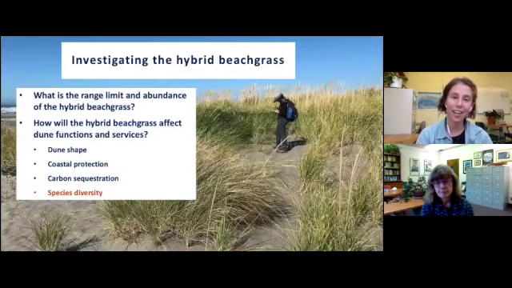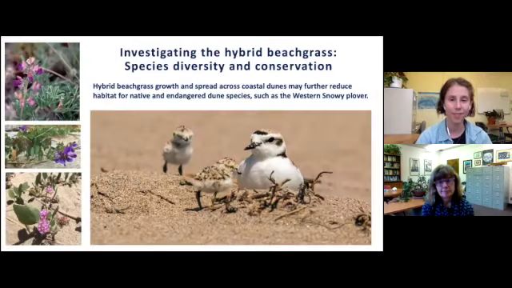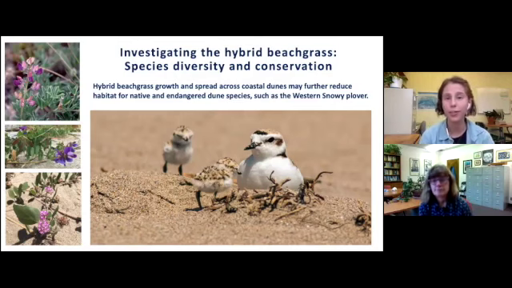And then lastly, I'll talk about how the hybrid could influence species diversity and conservation on coastal dunes. You may know already that one of the consequences of historic and current beachgrass invasions is less habitat for certain plant and animal species, including the western snowy plover, which is federally listed as threatened. It's also an extremely cute animal.